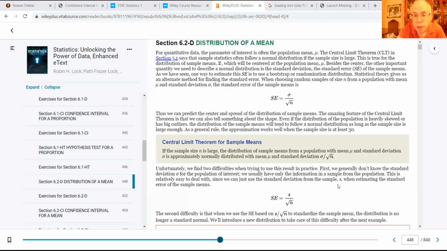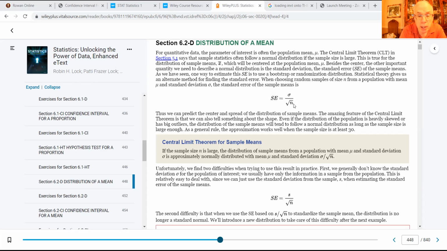But now we're not doing StatKey anymore. We're going to actually use formulas. So in general, the formula for the standard error for a mean is this formula right here. It is the standard deviation of the population divided by the square root of the sample size.